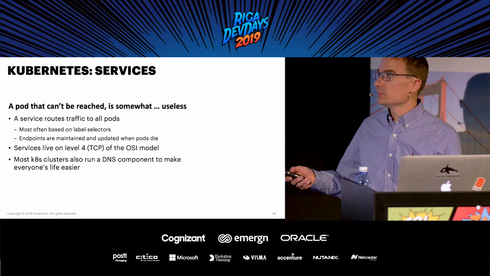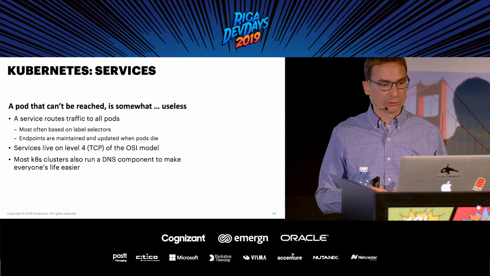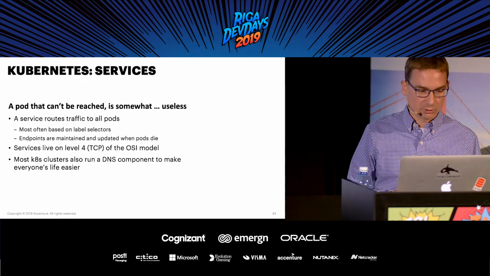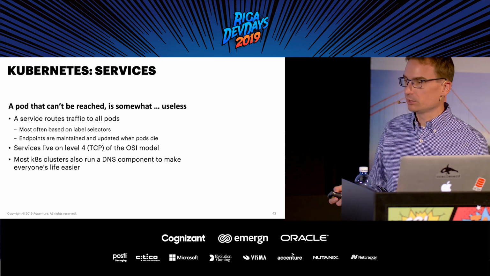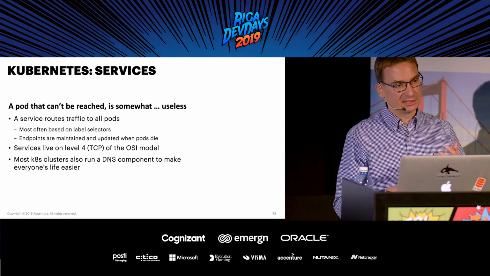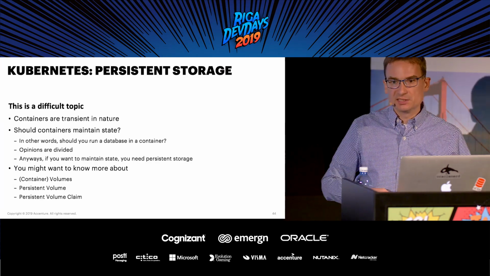The way these work is also based on selectors, and they live on level 4 of the OSI model. There is also a DNS component in Kubernetes that makes name resolution possible.